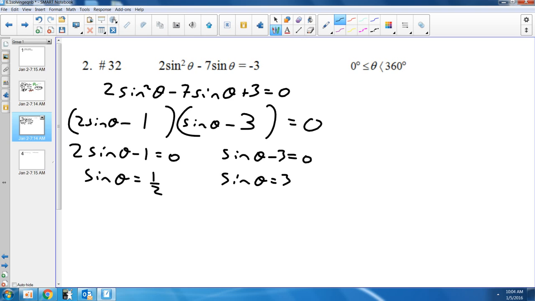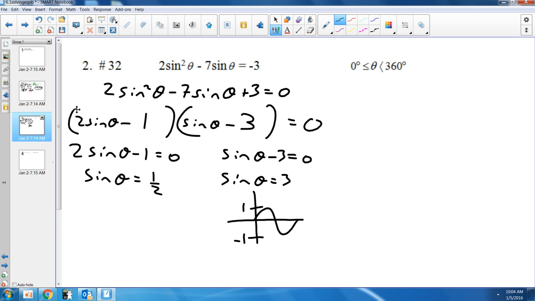Now, as you're going through and solving these, one thing I want to notice is that the sine theta equals 3. That looks a little bit weird in terms of what I've dealt with before. And I want to remember that when you graph the sine graph, you're going to go from -1 to 1.